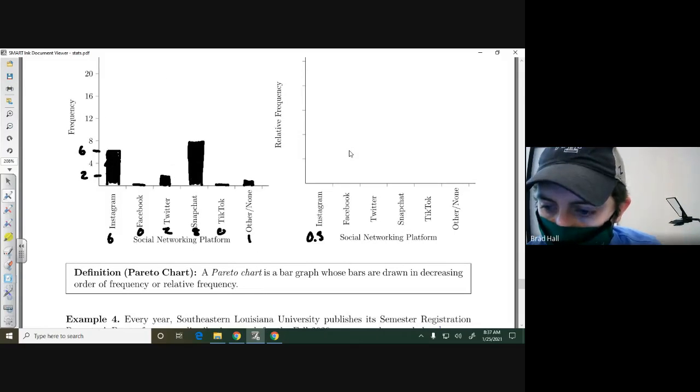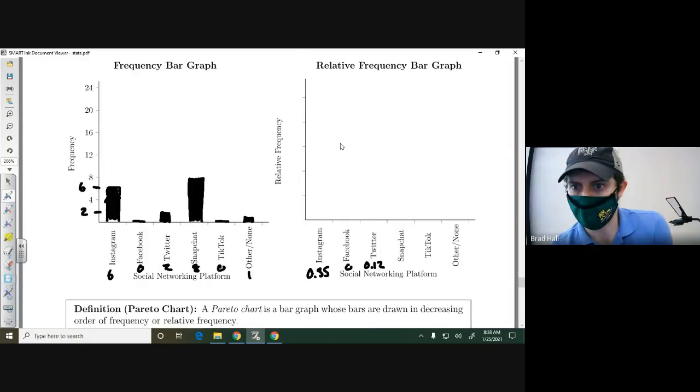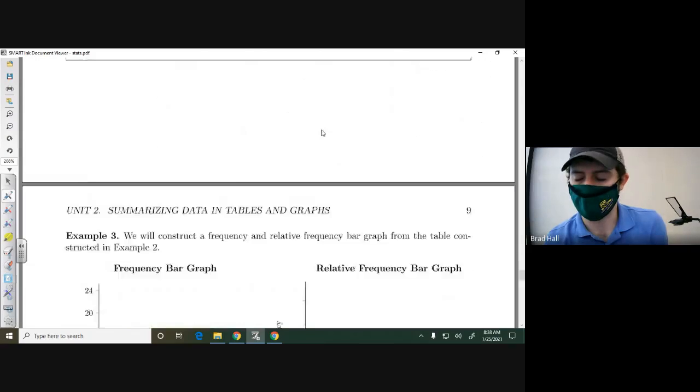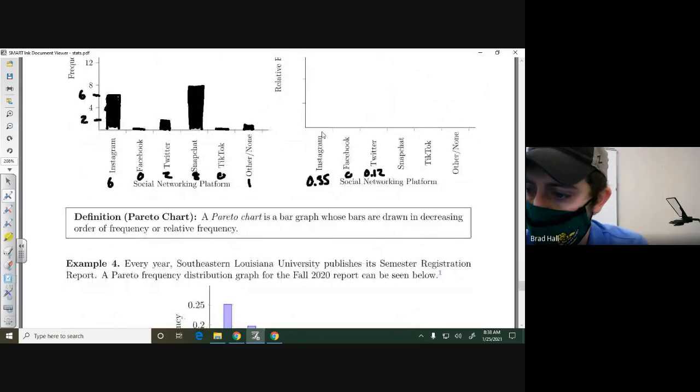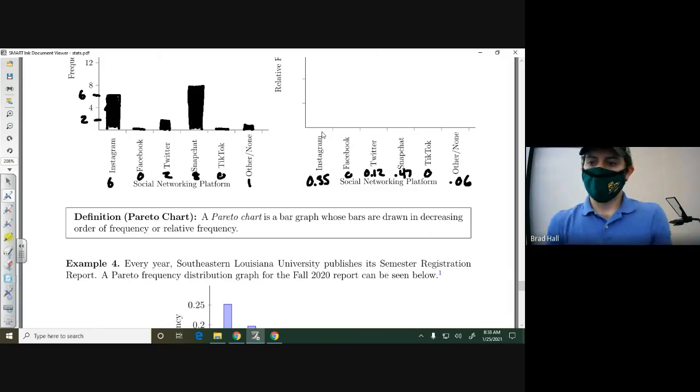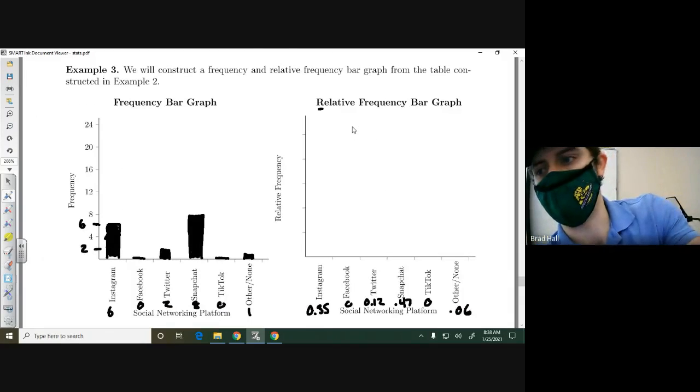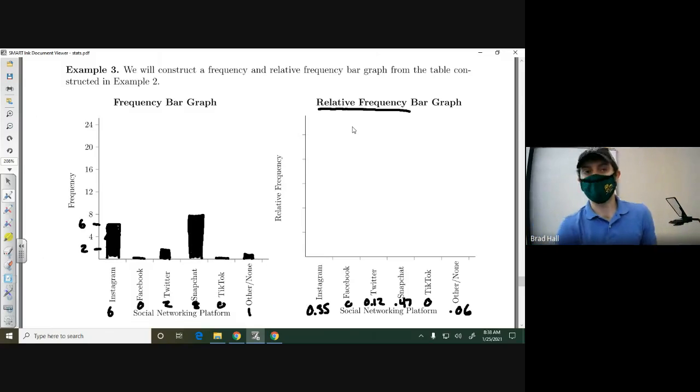Just to remind myself, 0.12 for the other 3, 0.06. Oh, wait, I skipped one. 0.47, 0.06. And so the relative frequencies are those decimals.